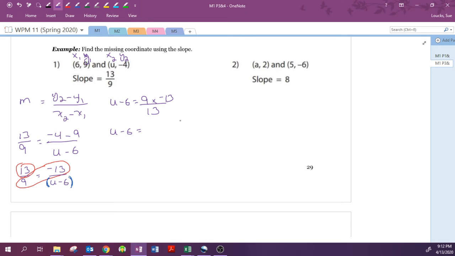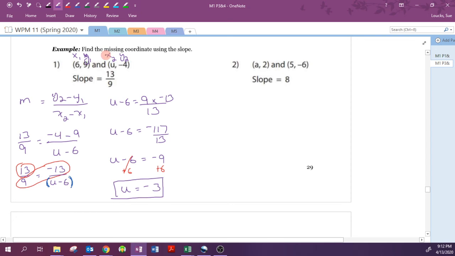If I put that in my calculator, that's negative 117 divided by 13. u minus 6 equals negative 9. And then I'm going to add 6 to both sides. Those cancel out, and I'm going to end up with u equals negative 3. And that's my value for u.